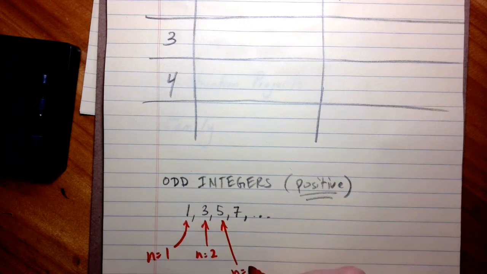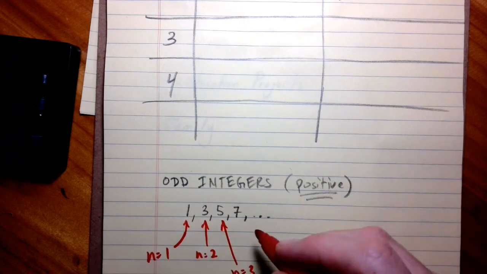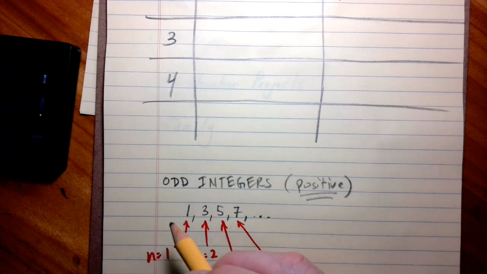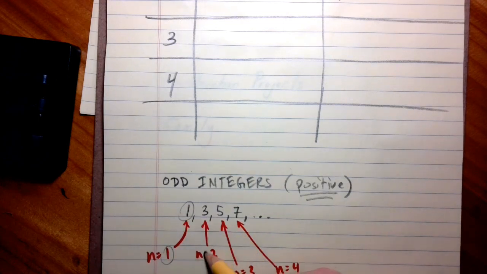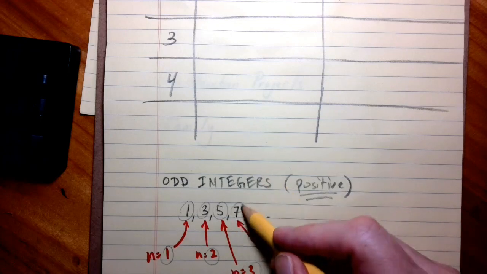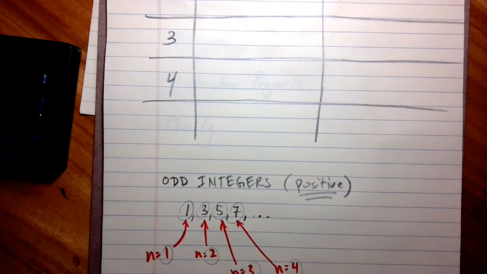When n is 3, we get our third step. When n is 4, we get our fourth step. So the first odd integer is 1. The second odd integer is 3. The third odd integer is 5. The fourth odd integer is 7.